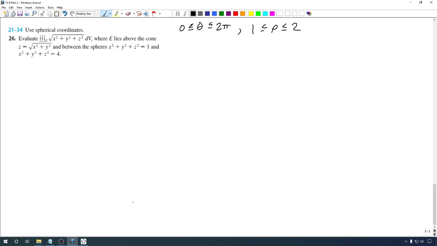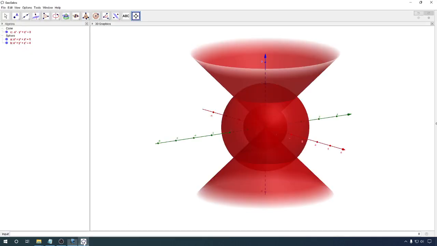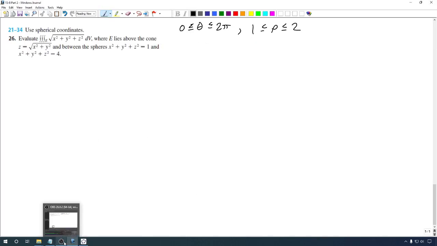Phi is going to be the more complicated one. Obviously, phi is 0 for the z-axis, but then how far down are we going to get to this cone? They didn't write that in terms of phi like they did in our first example, so we're going to have to figure out what is that limiting phi. What is the phi that corresponds to this particular cone?